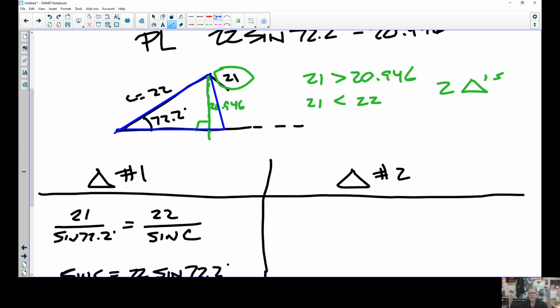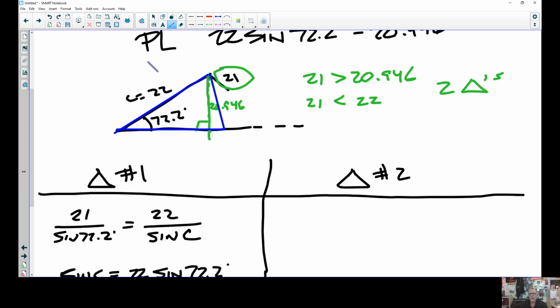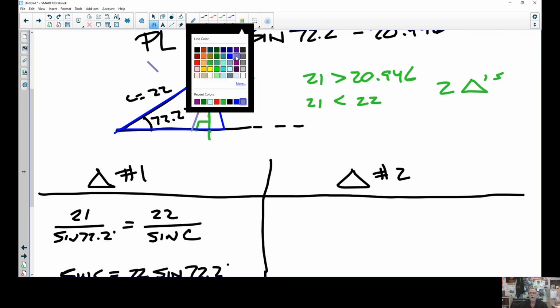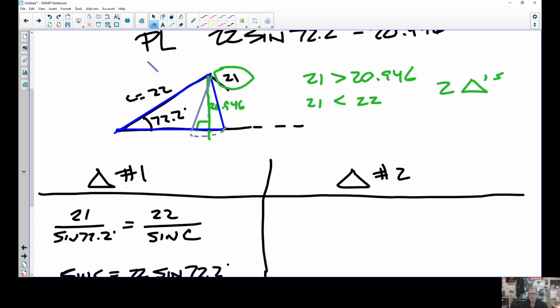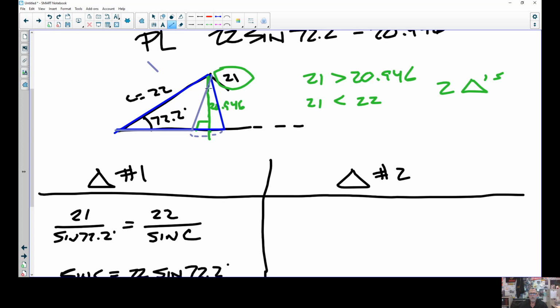Well, what we know, though, is that if I do the swing of that angle, if I have the same thing here and I swing it over here, it could also be over here now, right? This one would just swing over here, and I would have that triangle going across here and across here, right?